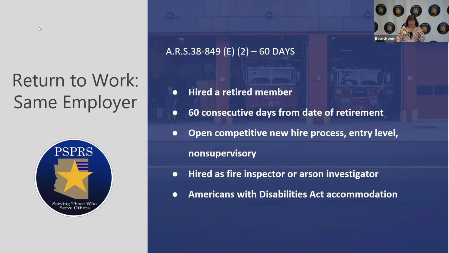Did the retiree wait 60 days from date of retirement and compete in an open competitive new hire process, entry level, non-supervisory, or hired as a fire inspector or arson investigator, or receiving a disability and is hired under the Americans with Disability Act accommodations? So the 60 days open competitive is one part, or hired as a fire inspector or arson investigator, or Americans with Disabilities Act accommodation.